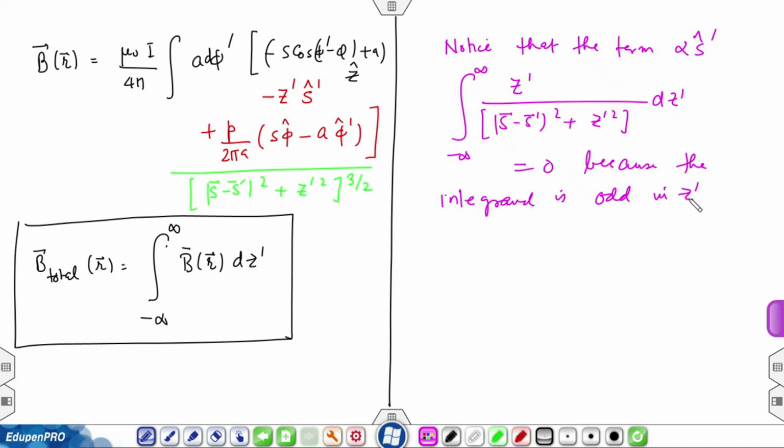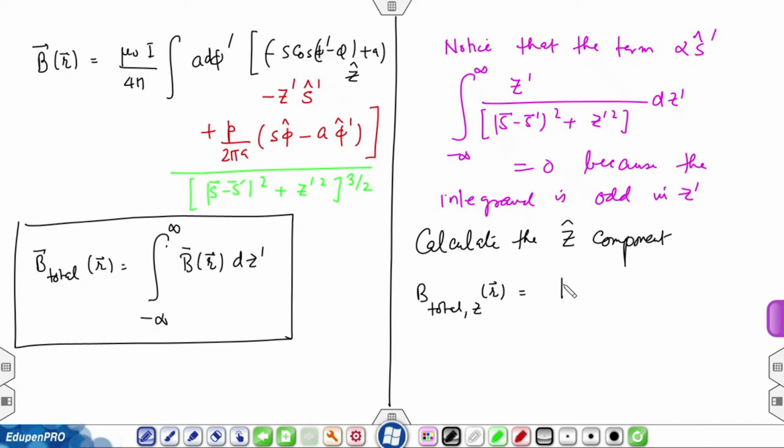Let us first calculate the z component of the field. So, B total z component at R is going to be mu naught I over 4 pi integration a d phi prime.